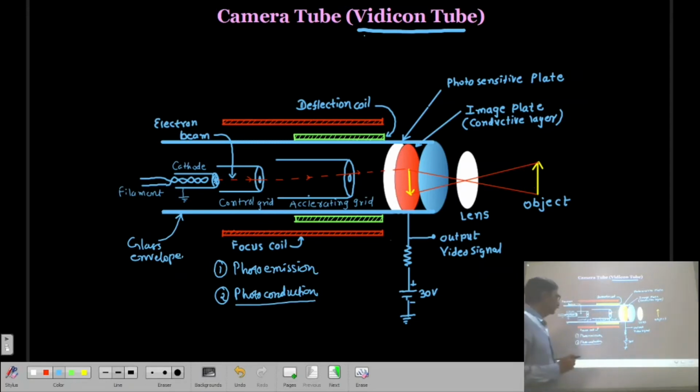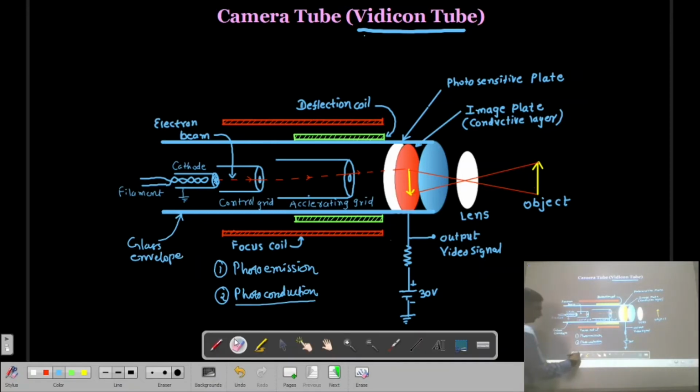Inside the glass tube, we have an electron gun and the image plate. So basically the camera tube is divided into two parts. One is the electron gun and another is the image plate, which is photosensitive. Now what is the function of the electron gun?